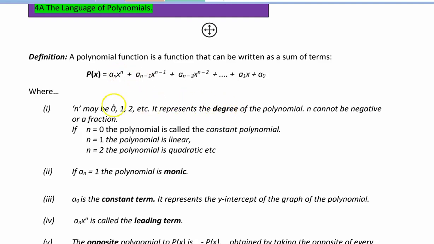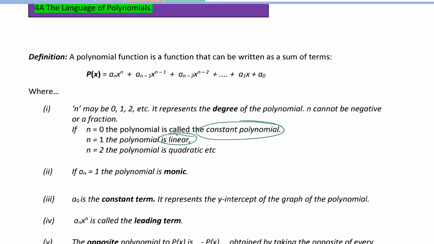So if n is 1, we would say it's a linear function. x to the power 1 is linear. x to the power 2 is a quadratic. So these are things, like I've been saying, that you've come across before. If n is 0, x to the 0 is a 1, and we would just have a constant polynomial.